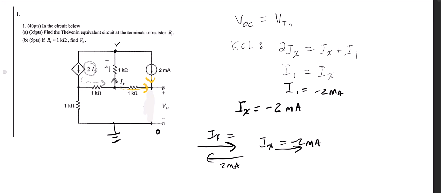Okay, so this is 0 volts right here. That's 0 volts right there.